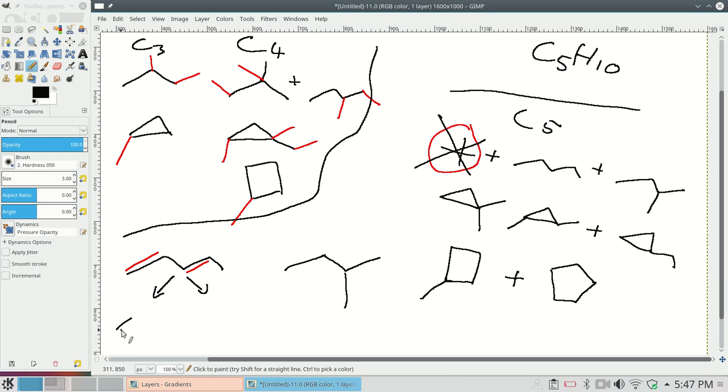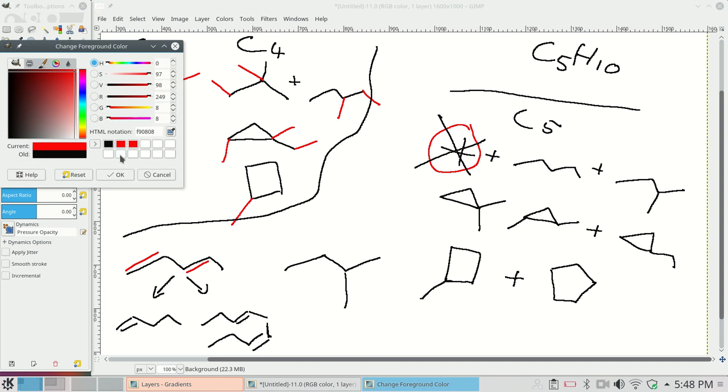We get this structure, and we get this structure. And these are the only two. Now keep in mind that in this case, there would be a cis and a trans isomer. So you would also need to generate this one, because they're different.